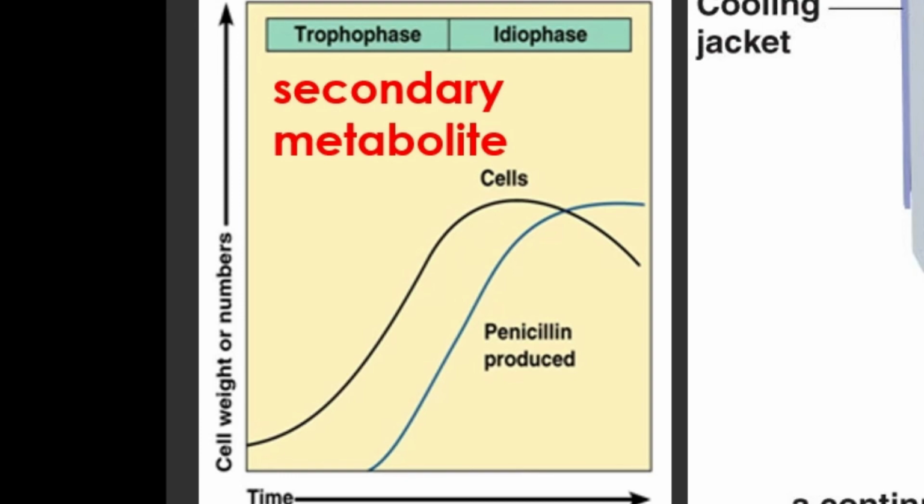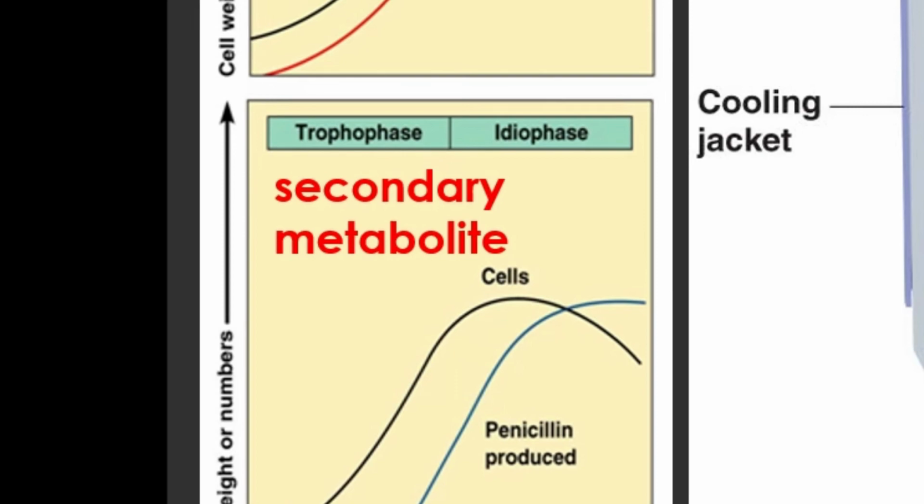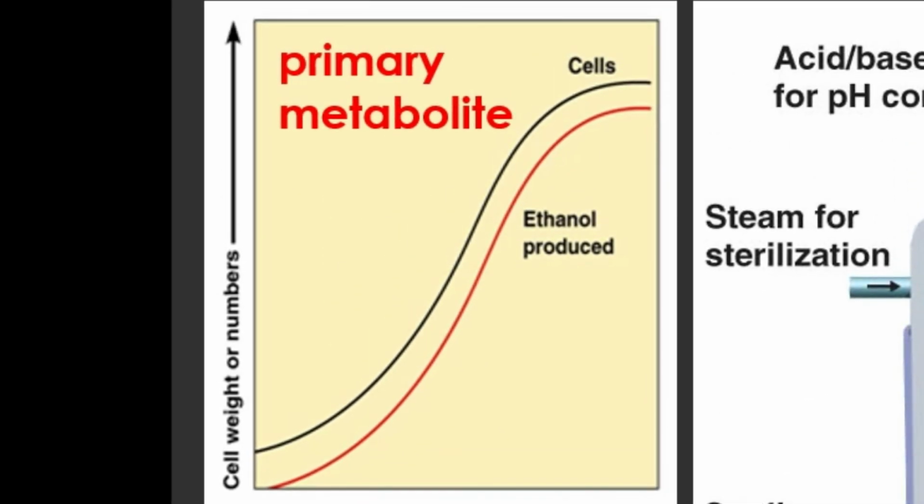So that means that if we want to harvest penicillin, we need to get the cells to idiophase and keep the cells at idiophase for as long as possible so that we can extract as much penicillin as possible. Now, even if you have something that's produced all the time, say ethanol, which is another commercially useful product, you still have a vested interest in getting the cells to idiophase because the more cells there are, the more ethanol they will produce.